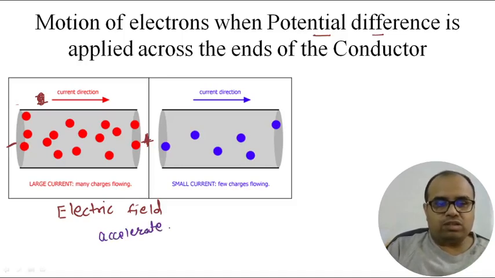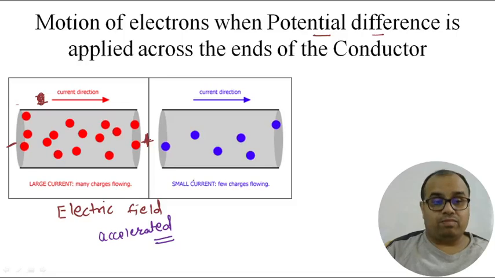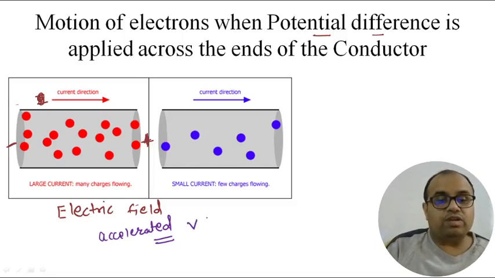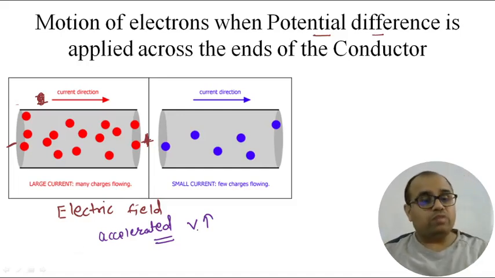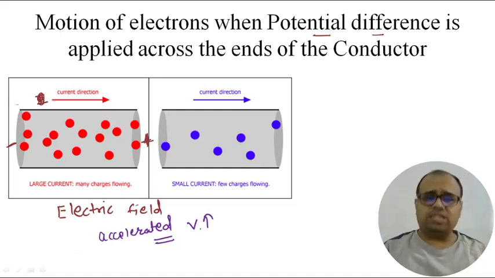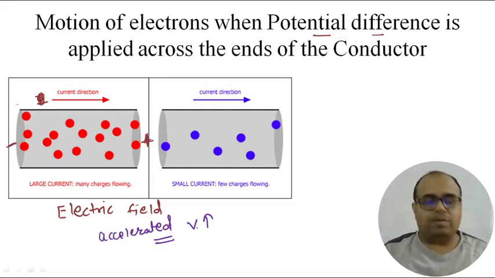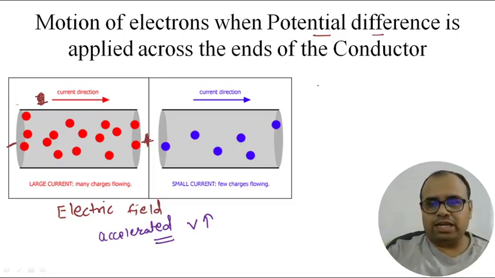And if these electrons are getting accelerated, then you know that their velocities will increase. So velocity should keep on increasing, right? But it doesn't happen. Velocity doesn't keep on increasing, but it acquires a constant velocity.